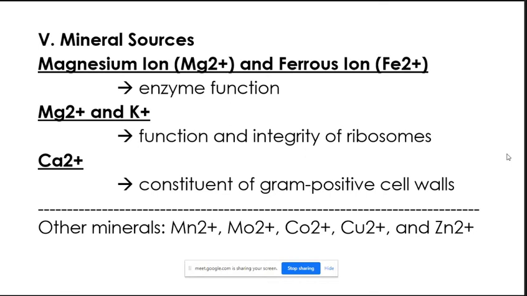And of course, you also have your magnesium and potassium, which function for the function and integrity of ribosomes, and then your calcium, which is a constituent of gram-positive cell walls. So you also have other minerals there that we need to provide for the microorganism depending na sa kanyang needs.